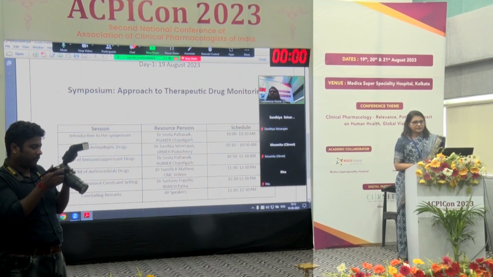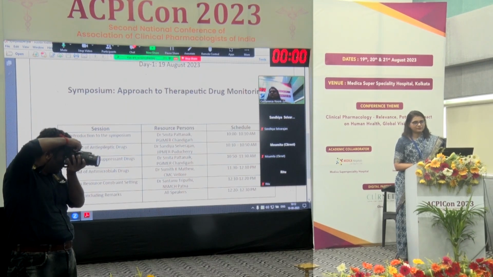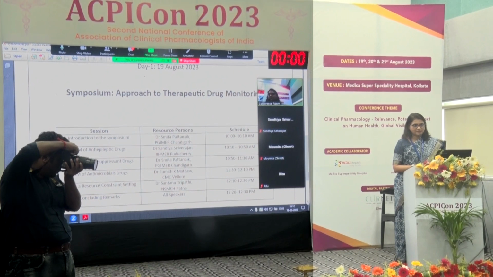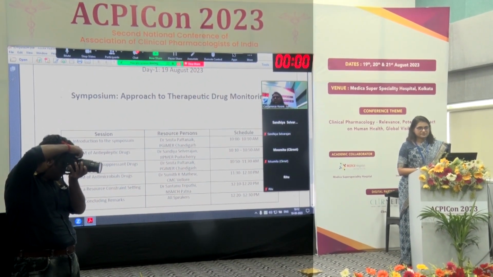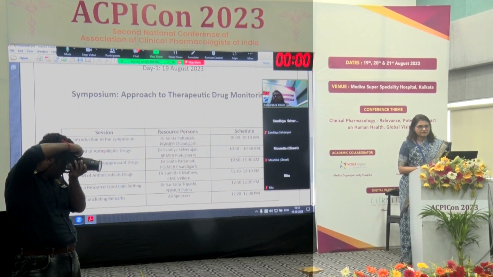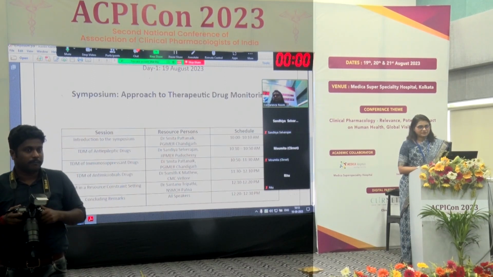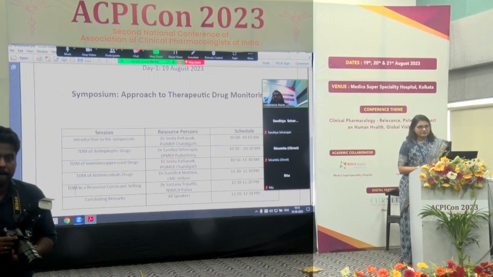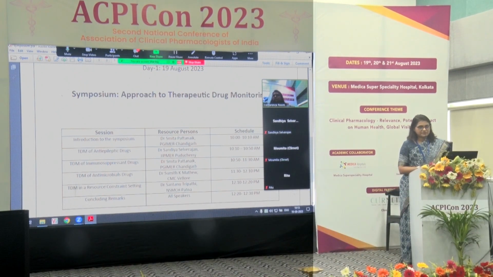Now, in the end, Professor Tripathi will give us an overview of why TDM has not picked up the way it should have picked up in this era, in the sense that India is no more considered a developing country.